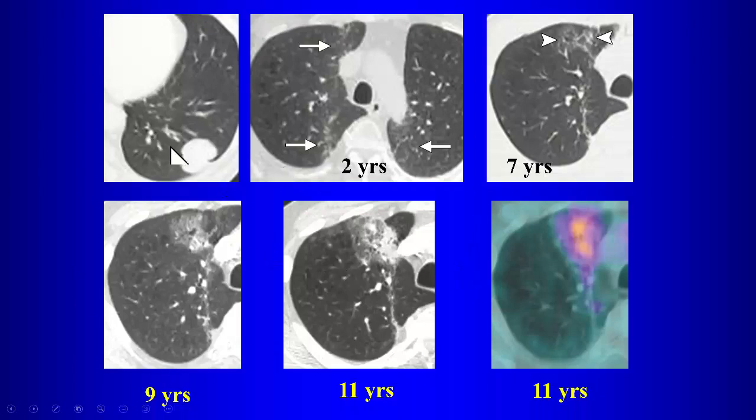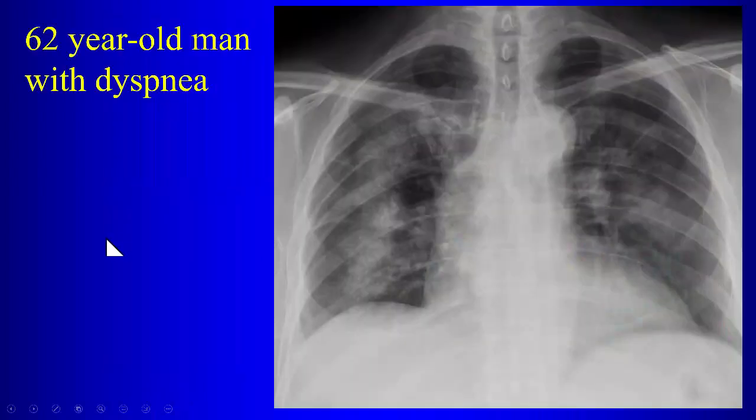So here was the original tumor treated with radiation, and then the patient develops this new opacity here in the radiation field many, many years after their initial therapy, and it's positive on PET scan. So this is a radiation-induced neoplasm, not recurrence of the original tumor.